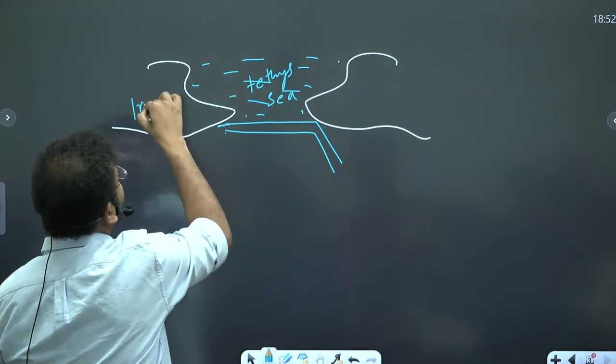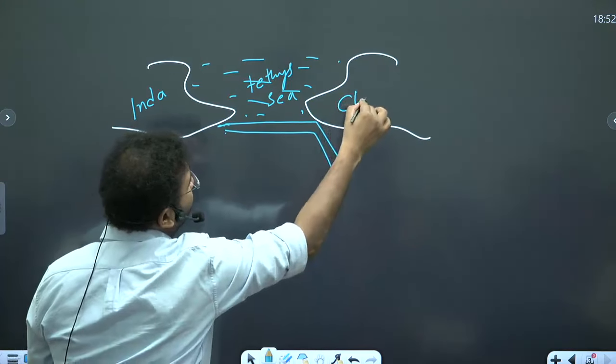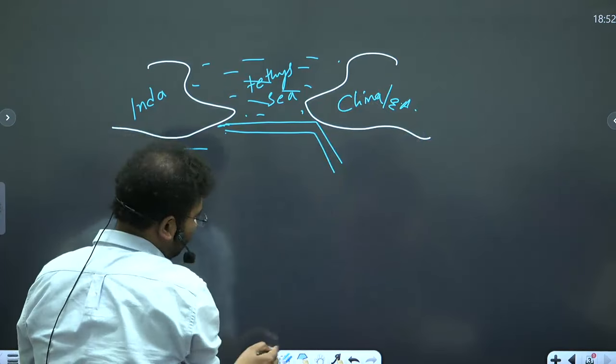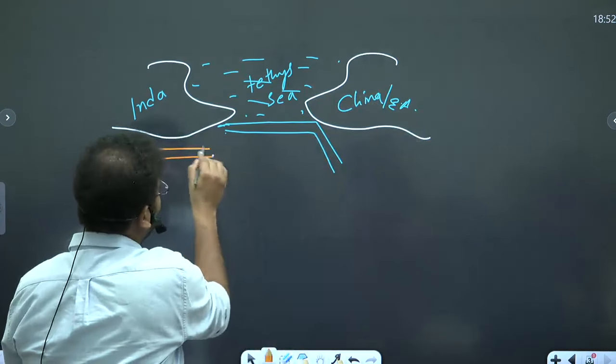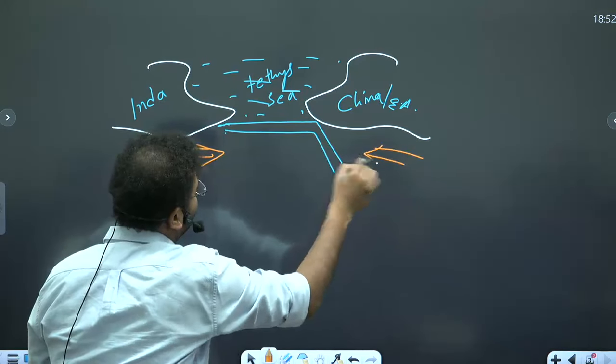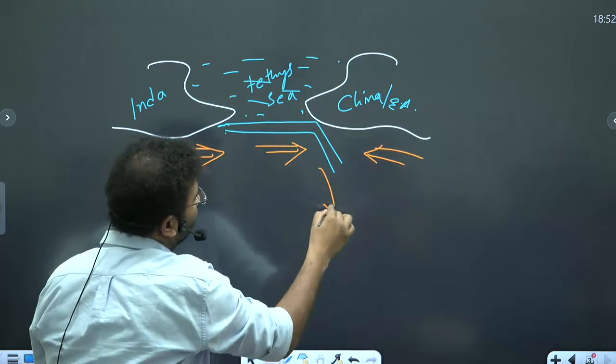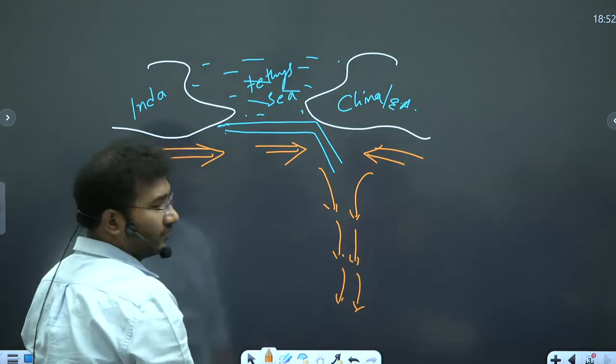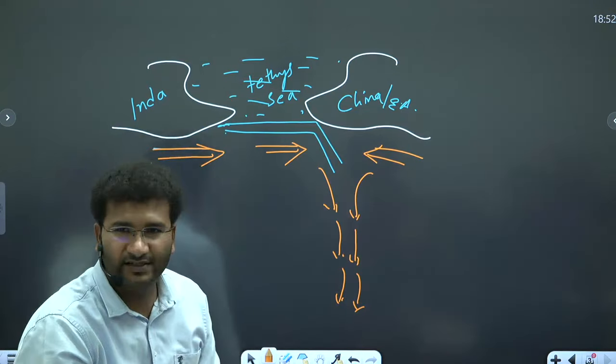This is India, and this is China, or Eurasia. So this is how the plates were moving and sinking.